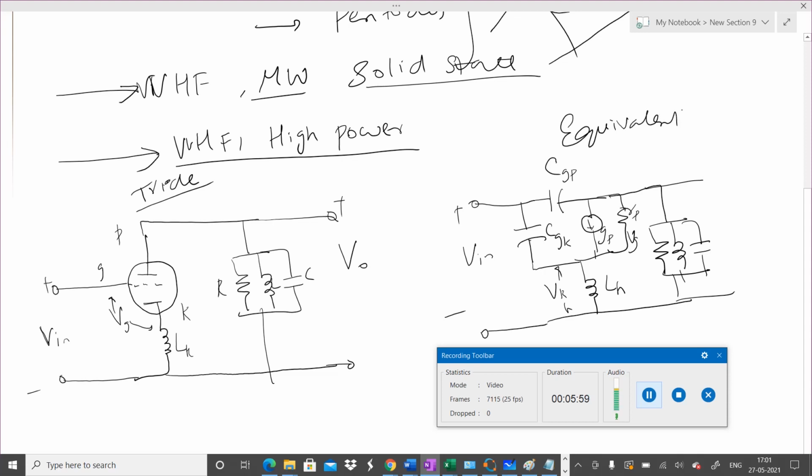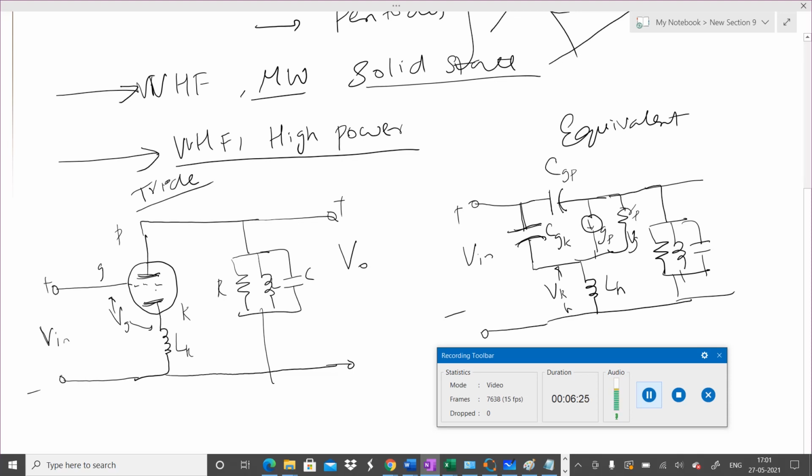And in this equivalent circuit, you can see that it has some capacitance effects here. The triode has these two plates, and there is a vacuum in between, or free space, which will form a dielectric, and it has equivalent capacitances at low frequencies.